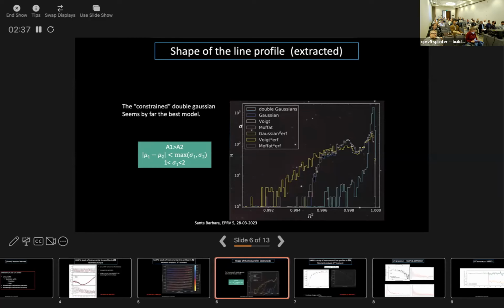We tried to understand what kind of function we could use for the fitting, and we explored various options. And at the end, the option that we found more consistent with the data is that of a constrained double Gaussian. So it's the main Gaussian for the peak, and then another Gaussian which takes care of describing the tail.